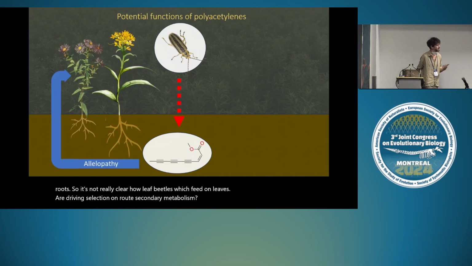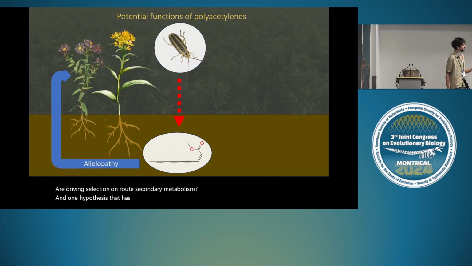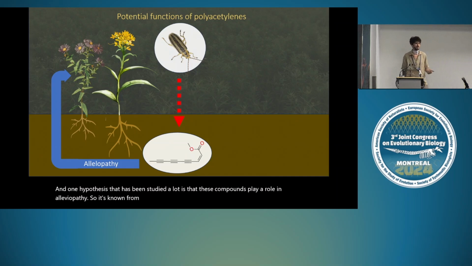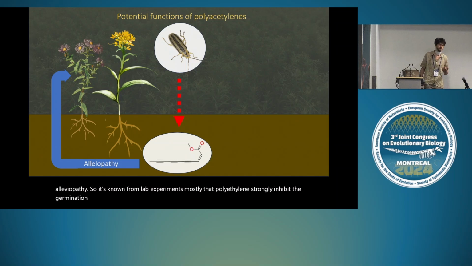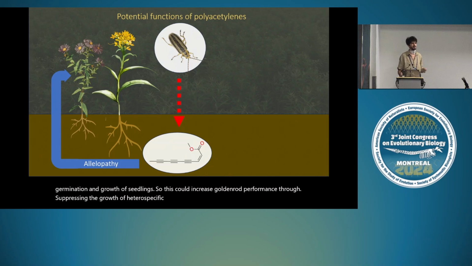One hypothesis that has been studied a lot is that these compounds play a role in allelopathy. It's known from lab experiments mostly that polyacetylenes strongly inhibit the germination and growth of seedlings. So this could increase goldenrod performance through suppressing the growth of heterospecific competitors.